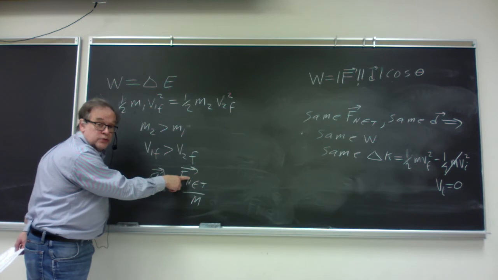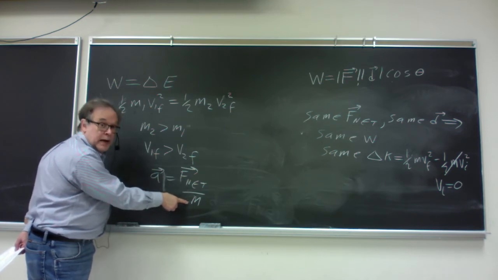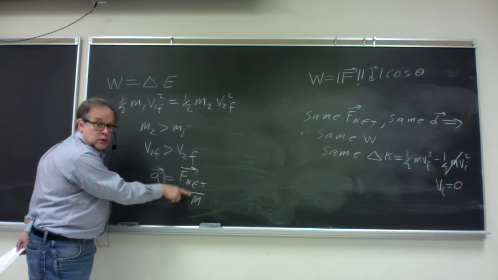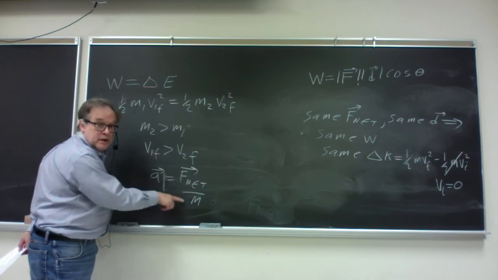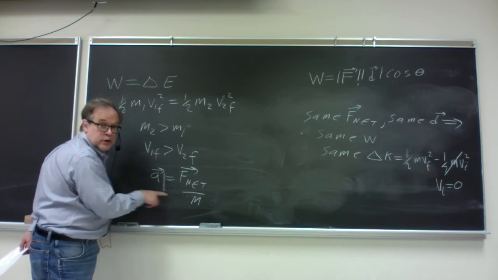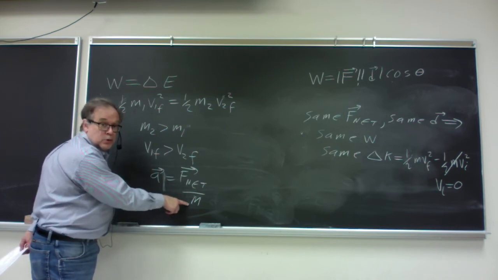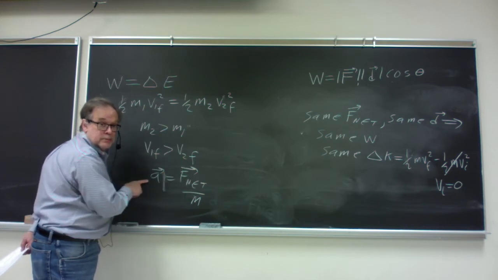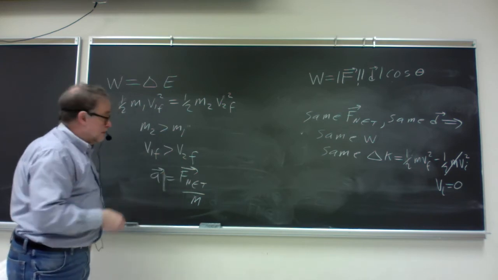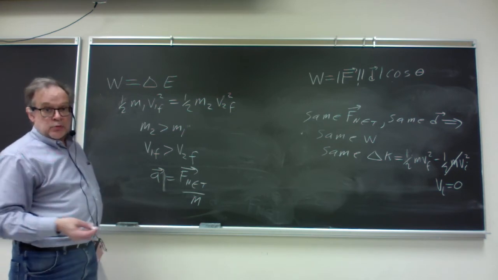The numerator of this fraction is the same for both cars. So for the bigger mass, this fraction will be smaller, less acceleration. The bigger car gets less acceleration. The car with the smaller mass, the smaller denominator, makes a bigger fraction, makes a bigger acceleration. Exactly as we would expect.